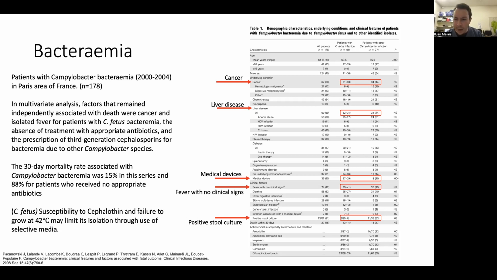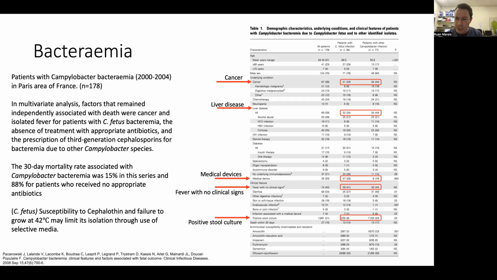Also note that 41% of those patients with Campylobacter fetus had only fever and no other clinical signs, with only 27% having diarrhea.